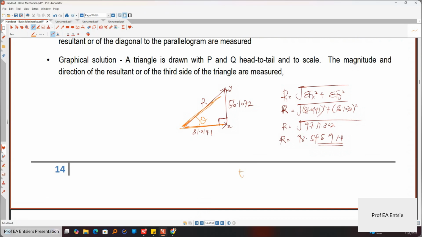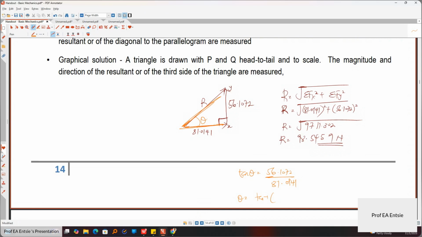So what do we use? We use the tan theta, which is the opposite, which is 56.1072, over adjacent, which is 81.0141. So theta is equal to tan inverse of 56.1072 divided by 81.0141.